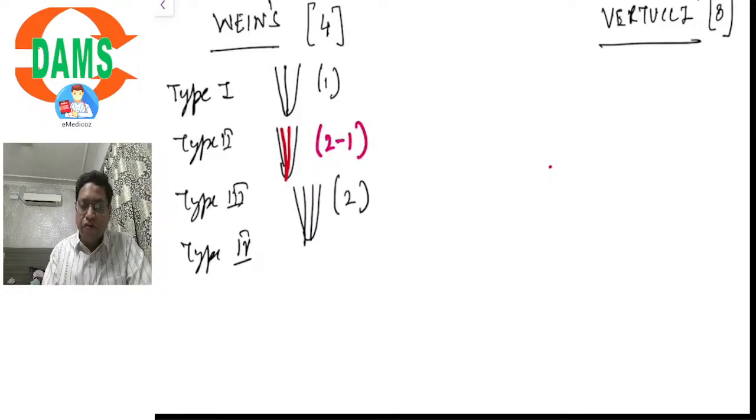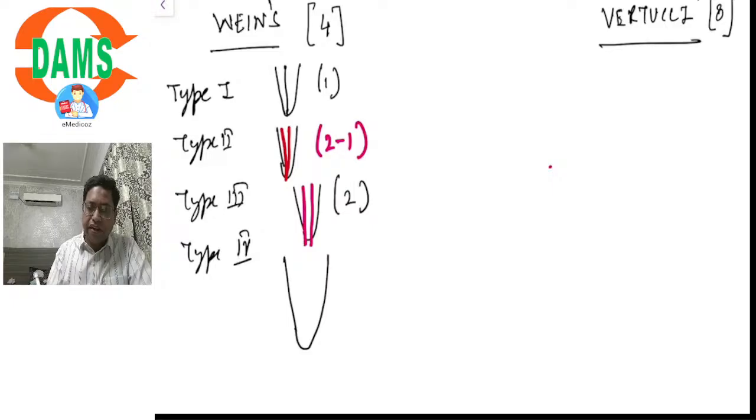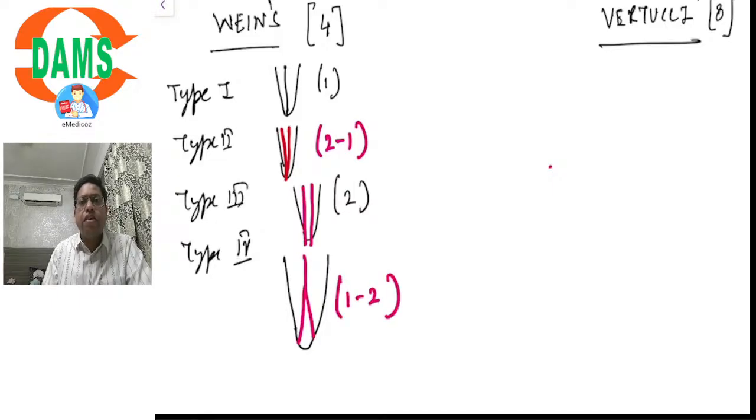In the root of a single tooth, there would be two separate canals exiting as two separate apical foramina. And finally, according to Weine, type 4 is a 1-2 configuration. There is a single orifice, a single canal originates, divides and exits as two apical foramina. That is called a 1-2 configuration. So 1, 2-1, 2 and 1-2 are the Weine type 1, 2, 3 and 4 canal configurations.